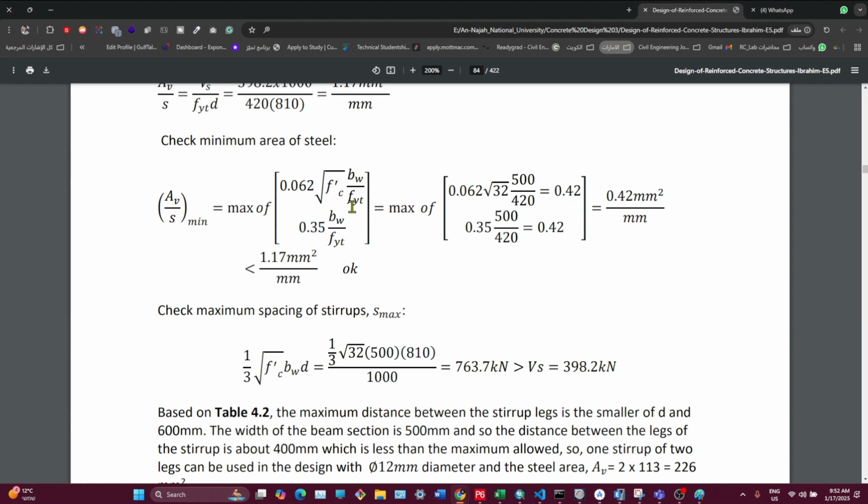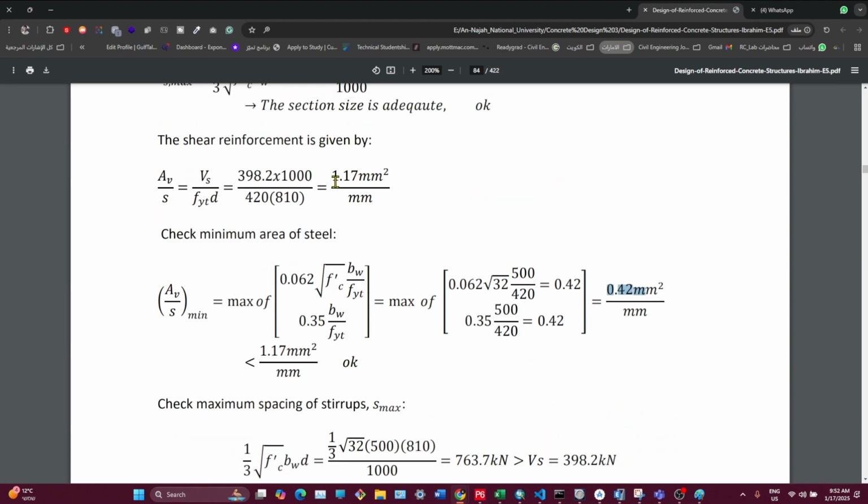Every term is clear for us, because bw and Fy are given. So we have 0.42 and 0.42 also. It's a funny chance to have the same values. But it's okay, the minimum is equal to 0.42, and our value is 1.17, so it is larger than the minimum, so it's okay.